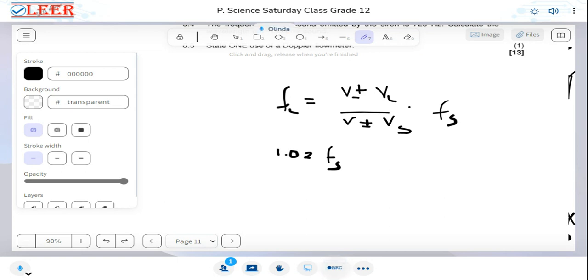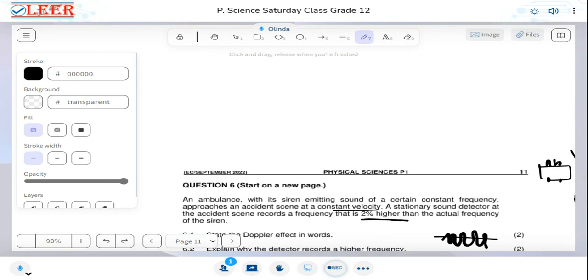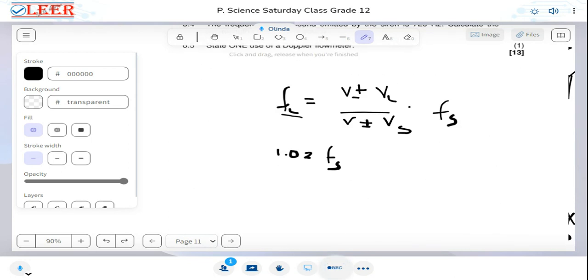The frequency of the listener is 1.02 times the frequency of the source, because it's 2% higher. That equals 343, and stationary is 0, over 343, minus Vs, because it's moving towards the detector, multiplied by the frequency of the source.